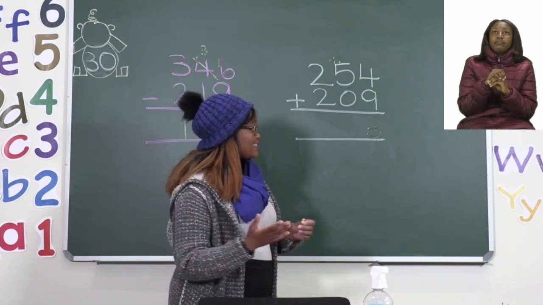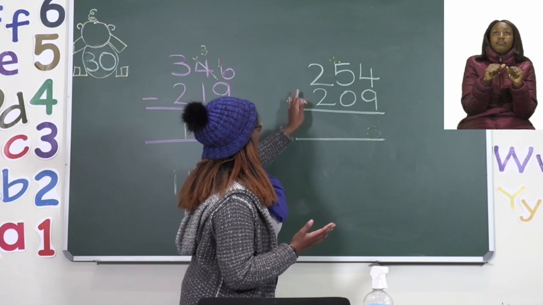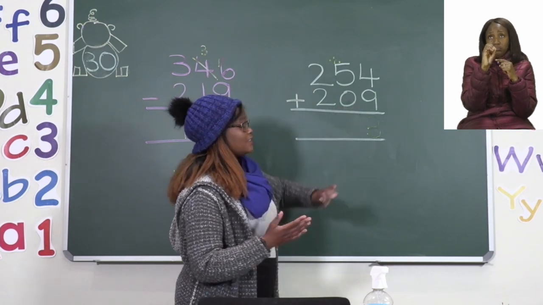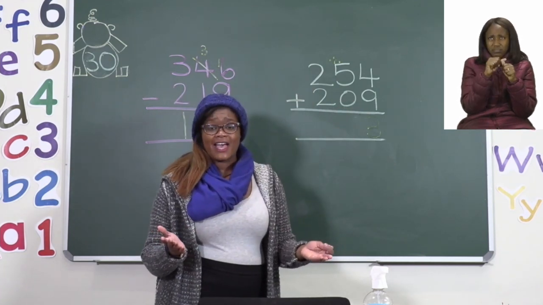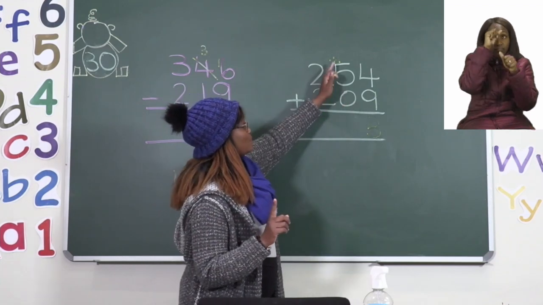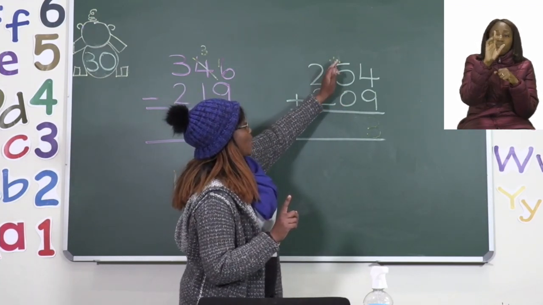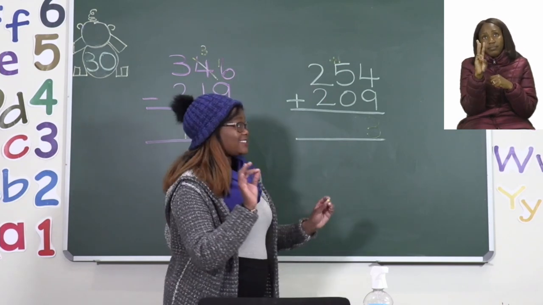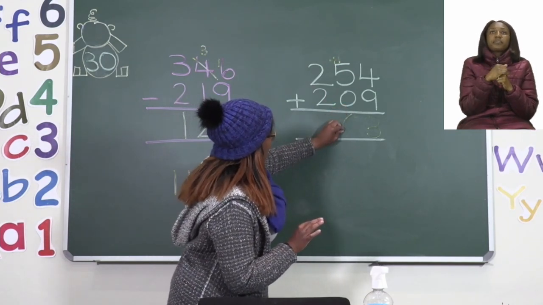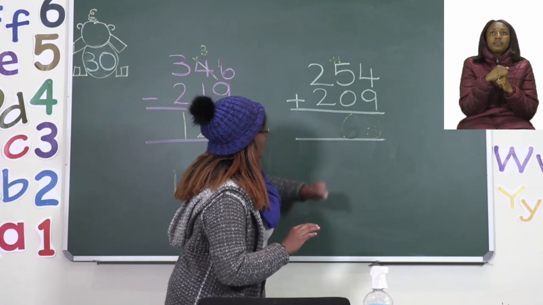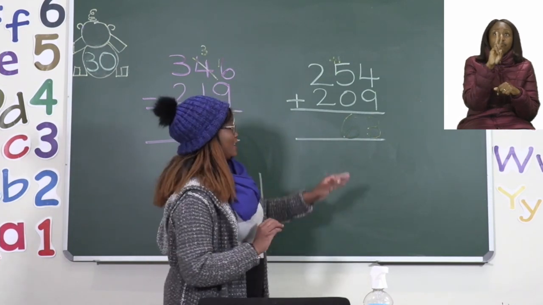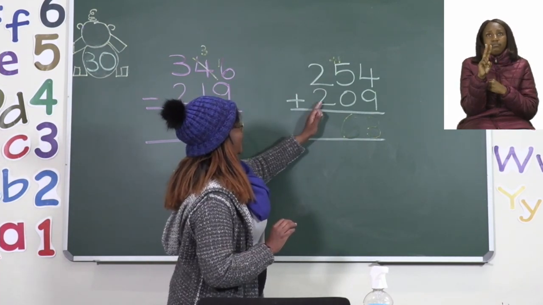We move on by saying 5 plus 0. Now, he has nothing else to add except for the one that we were carrying on. So, plus 1 will make that 5 a 6. So, we write our 6. Then lastly, we say 2 plus 2.